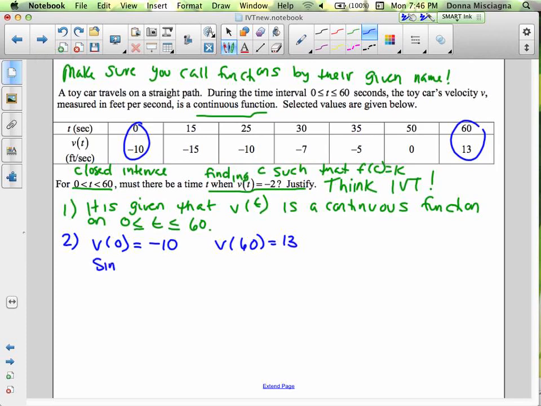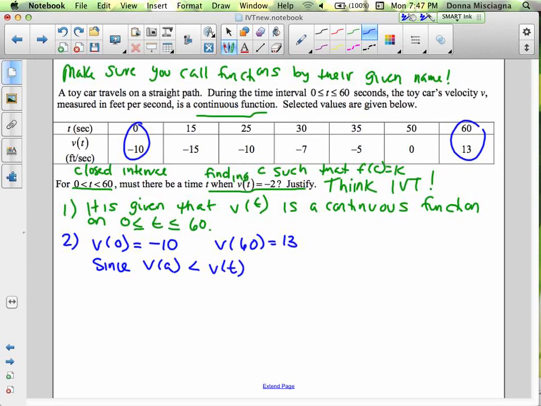Right, so our k is negative 2, right? Since v of a is less than k, and I probably should say, instead of k though, I'm going to say v of t since it specifically says v of t.